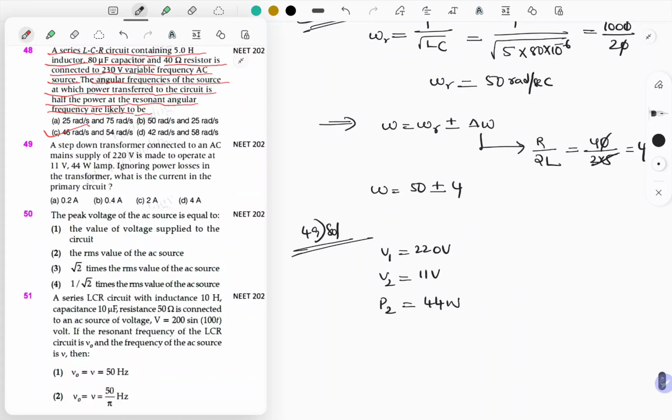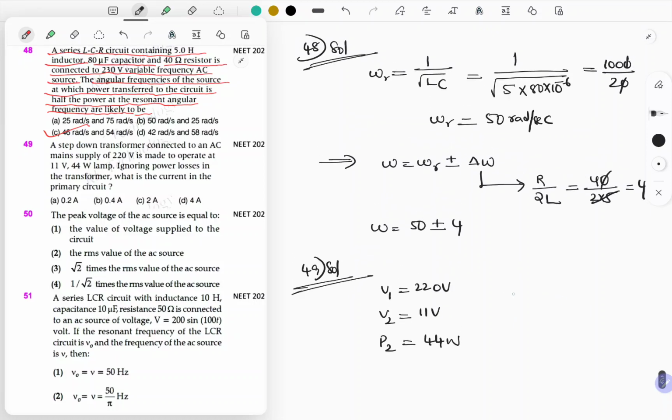Ignoring power losses, it means an ideal transformer. What is the current in the primary circuit? So first of all we have to find I2, right? P2 is equal to V2 into I2. P2 is 44, V2 is 11 into I2. Then I2 is equal to 4 ampere.